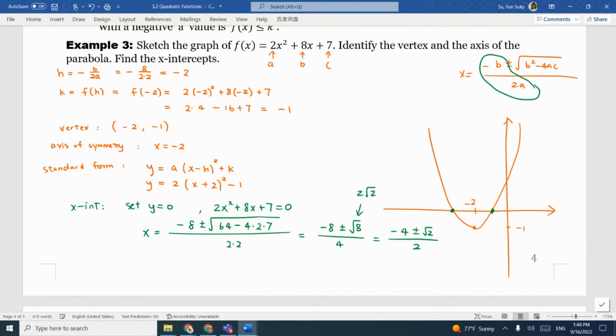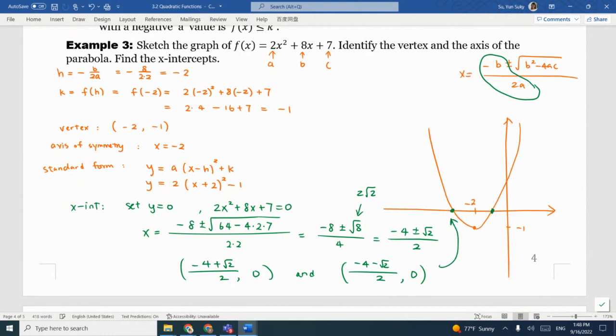This point is negative 4 minus square root of 2 over 2, and this point is negative 4 plus square root of 2 over 2. So we have two x-intercepts: (negative 4 plus square root of 2 over 2, 0) and (negative 4 minus square root of 2 over 2, 0).